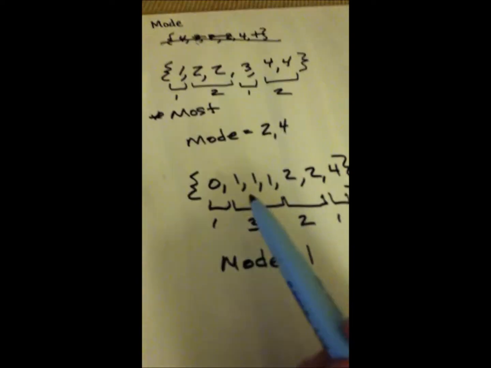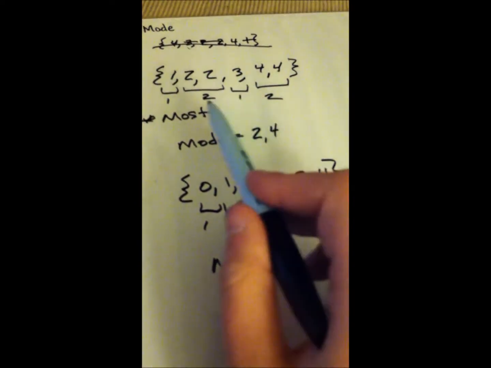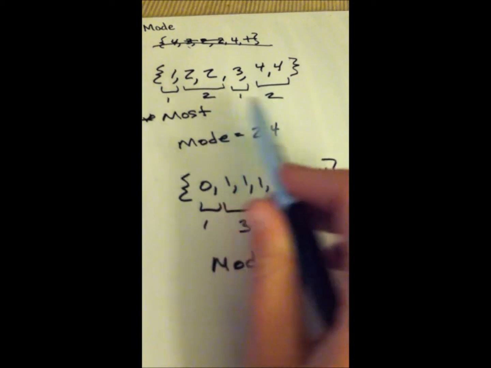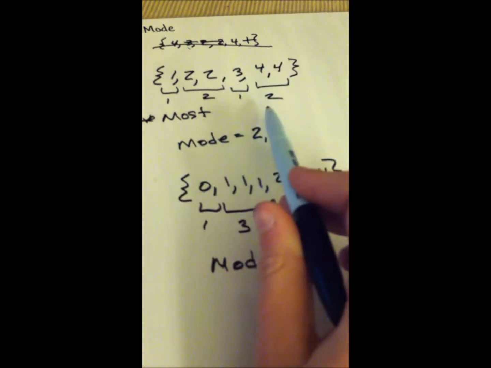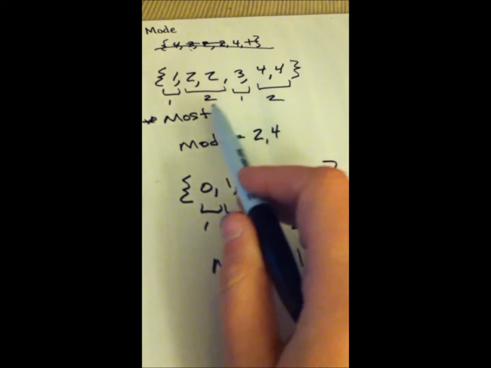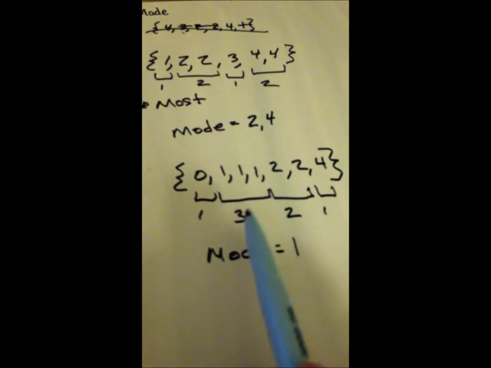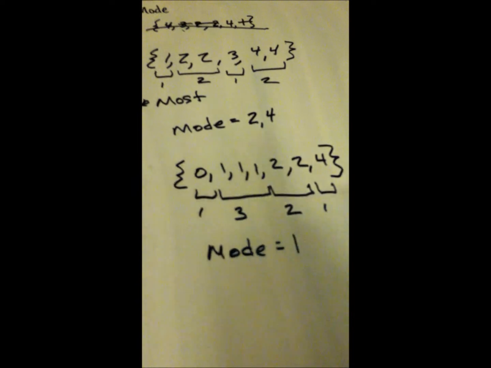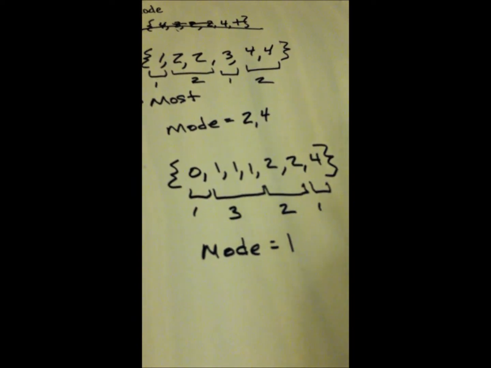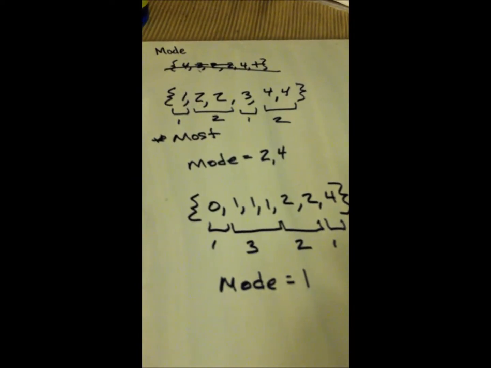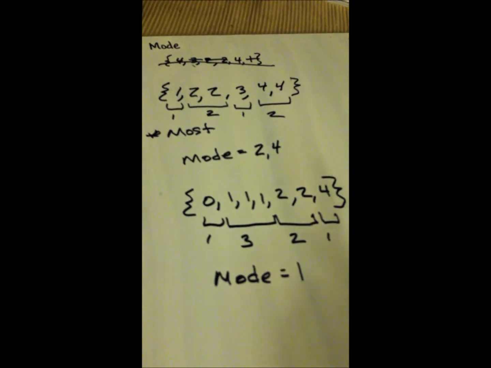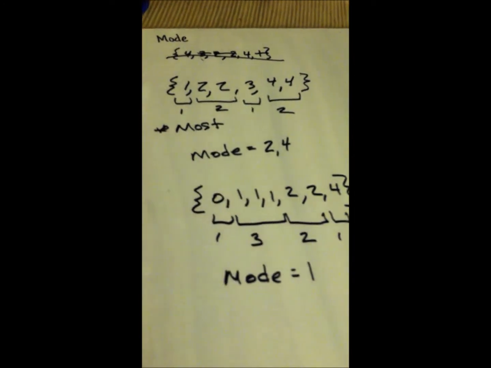The only time you can have more than one mode is if there's an equal amount of them. Like in this case, 2s and 4s, there were 2 of both of them. In this case, yes, there's 2 2s, but there's 3 1s, and that is the most. Okay? Just remember with mode, you're looking for the most, the number there is the most of.